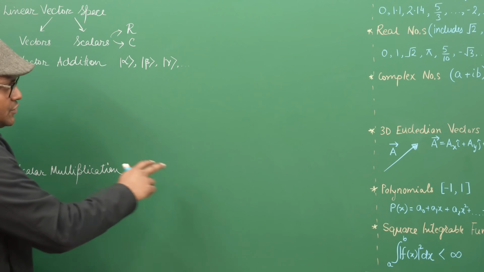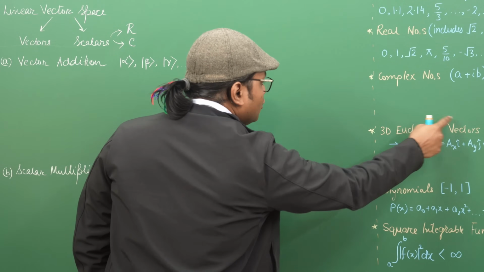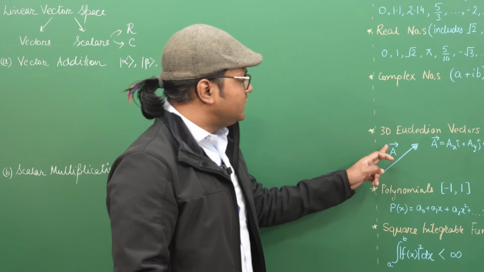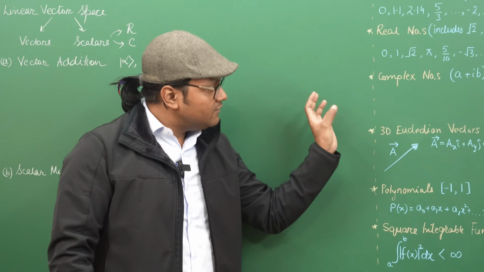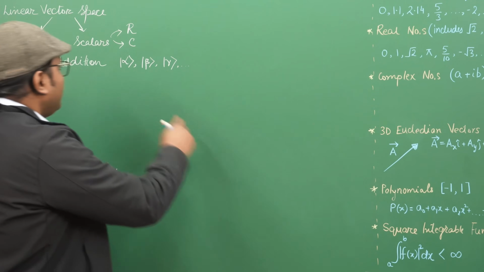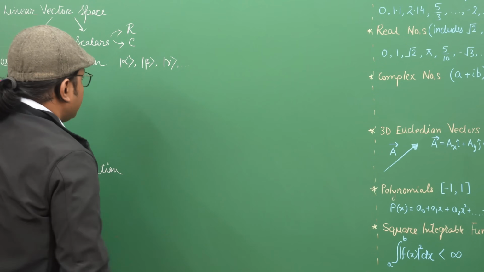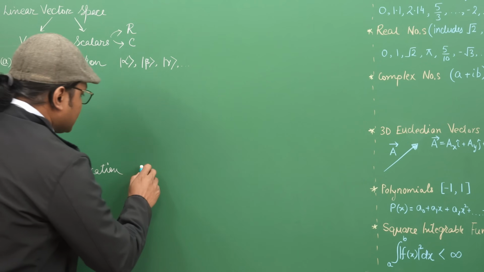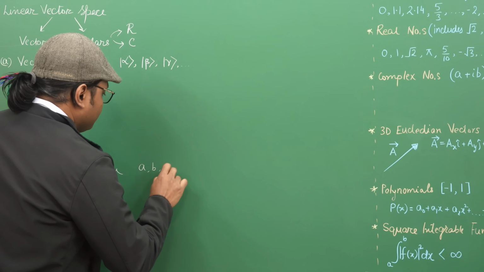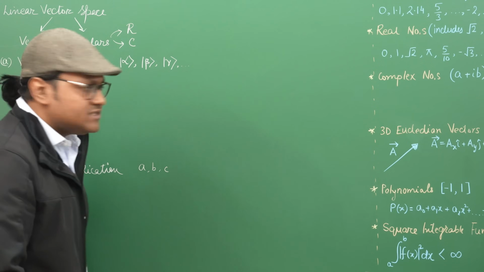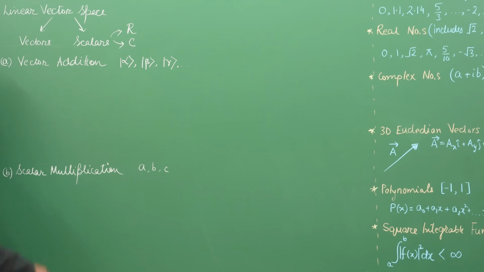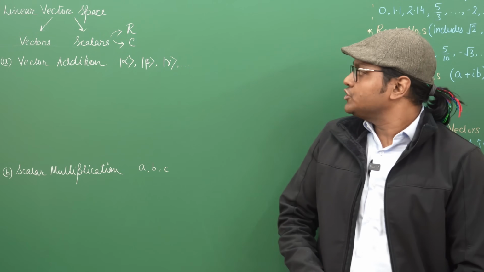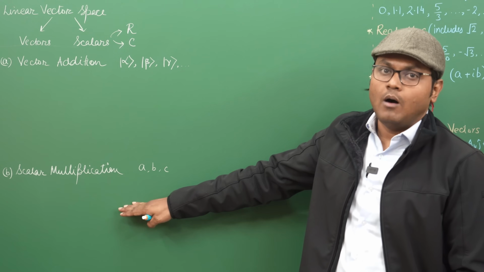Of course, when we talk about three-dimensional Euclidean vectors, the vectors are written with an arrow at the top, a very specific symbol used for geometrical vectors. Here we are going to be using the ket representation for vectors, and for scalars I'm going to be using A, B, C, which are numbers that belong to the real number space for the time being.